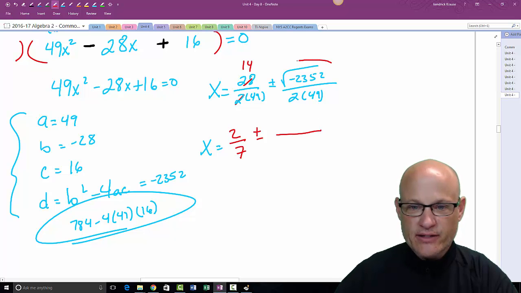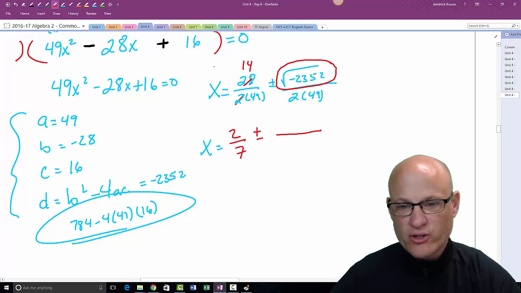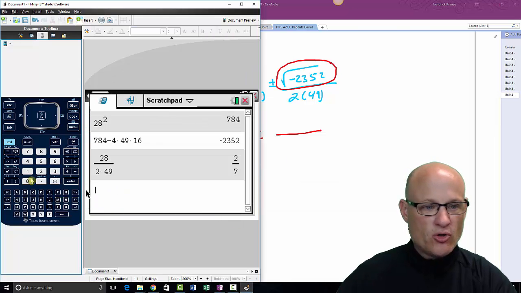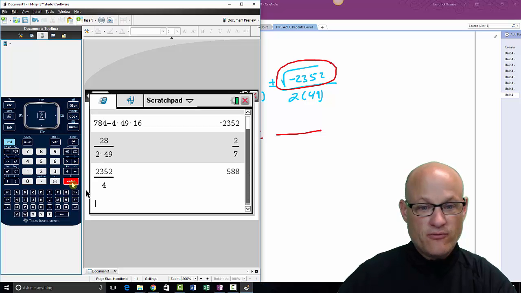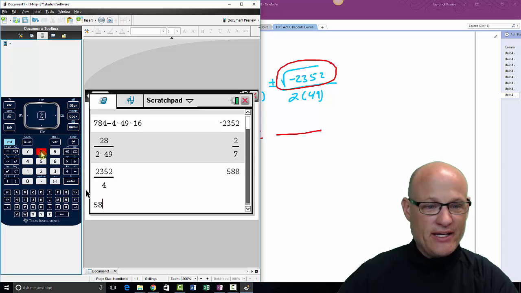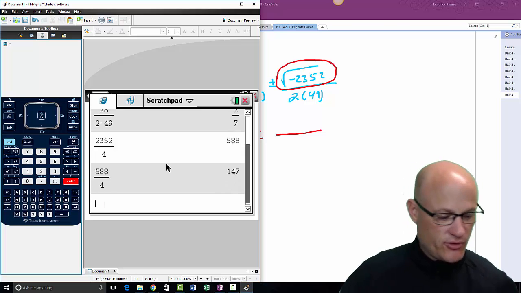But it's this thing that's going to cause us all kinds of problems. I don't know what the largest number that goes into it is. I don't even know if it has one, but I have to check. So I'm going to check 4. 2,352 divided by 4. 4 goes in. I'm going to check another 4. So 588 divided by 4 is 147.